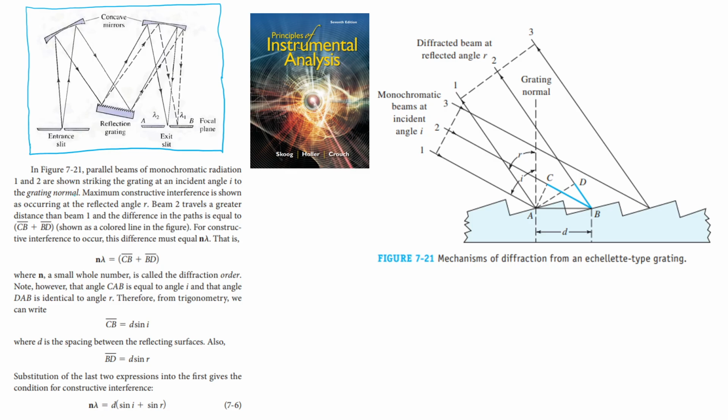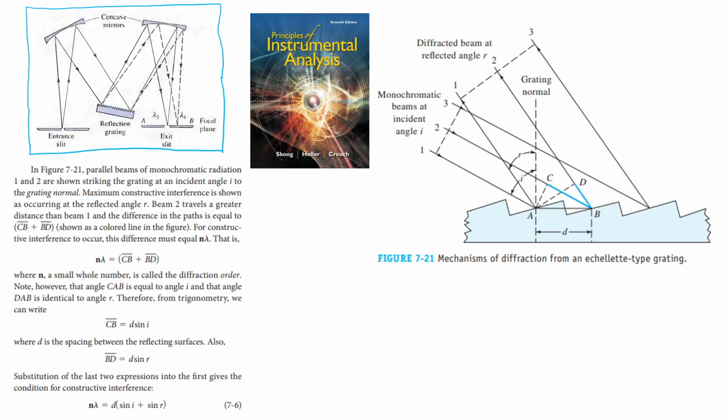An entrance slit is there. Suppose polychromatic light, a white light, is falling through the entrance slit. There is a concave mirror, and the job of this concave mirror is to collimate the beams onto the diffraction grating.